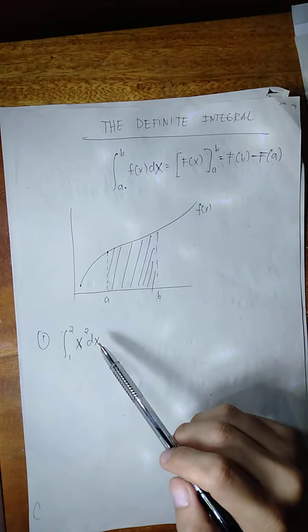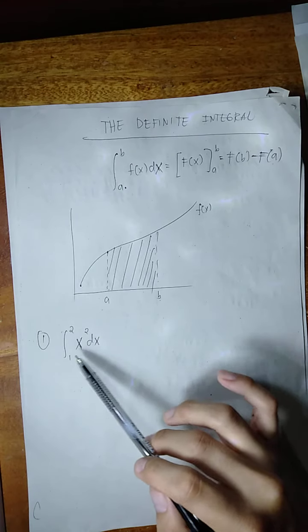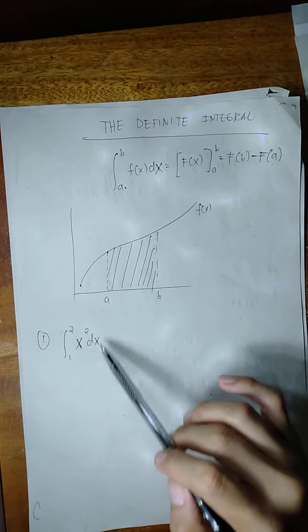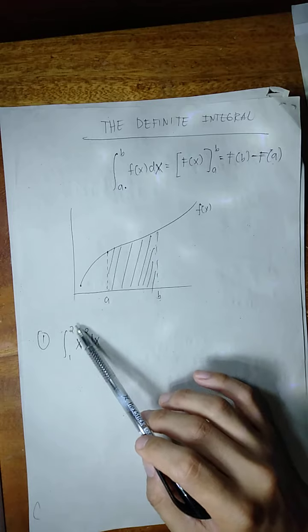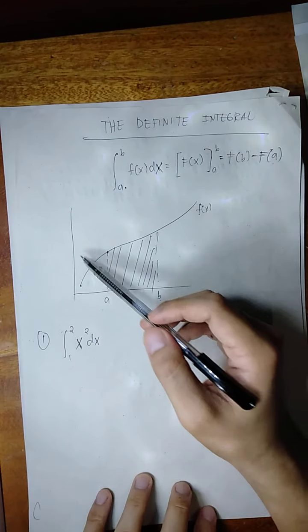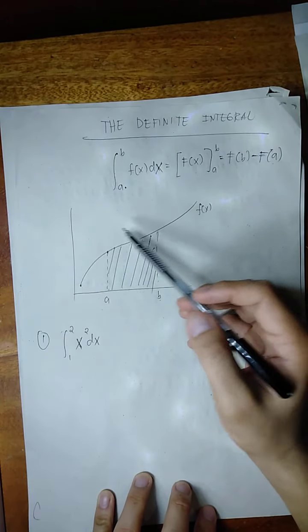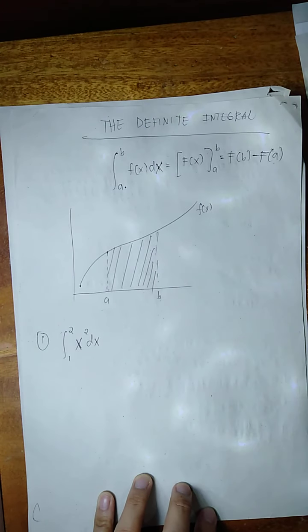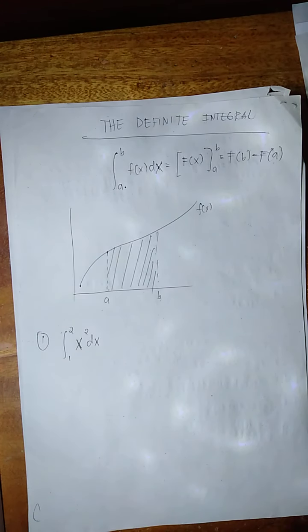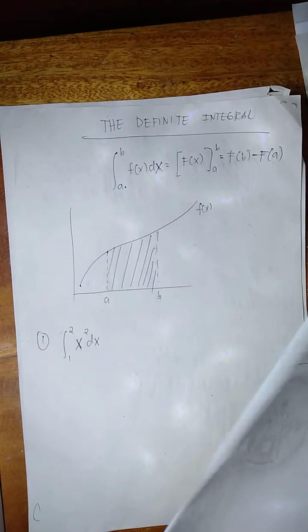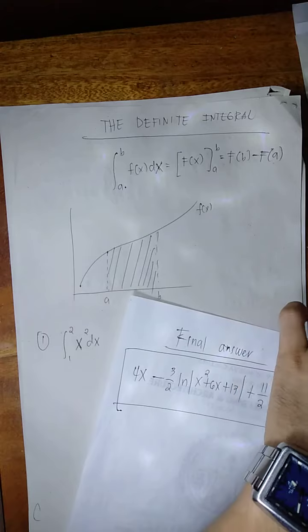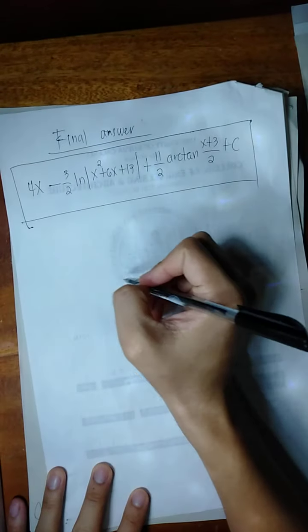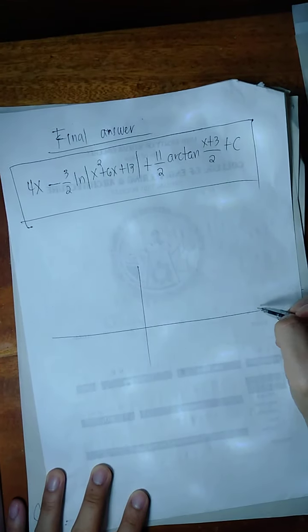Sabi dito, we need to define the area bounded by this curve from 2 to 1. Pag ginraph mo yan, parabola siya na upward. Let's say kung gagraph natin yan, mabilis lang.